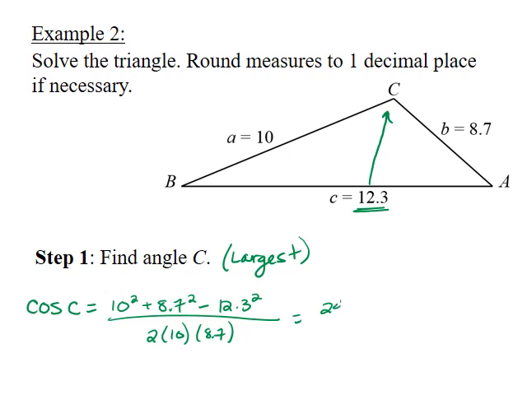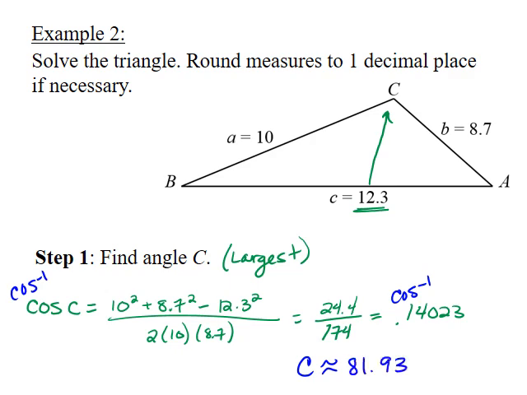This is equal to 24.4 divided by 174, which is 0.14023 approximately. I'll take cos inverse of this, and when I do, I find that C is approximately 81.9389 degrees. Great. Okay, so we have found this.